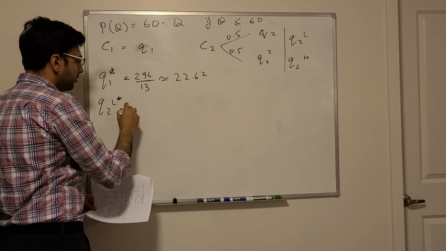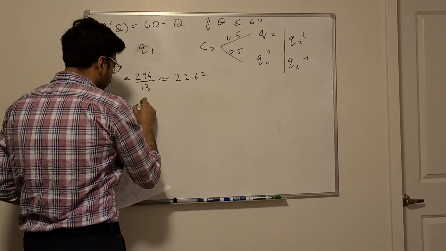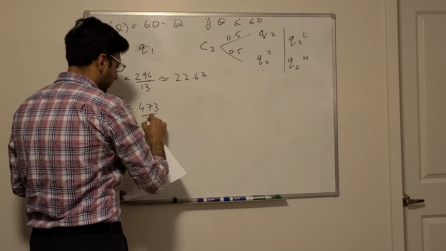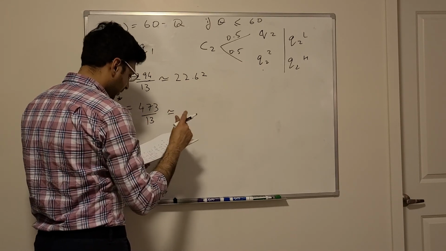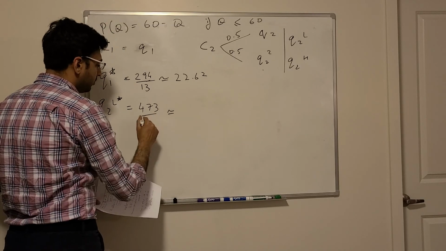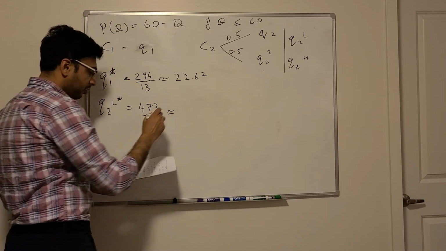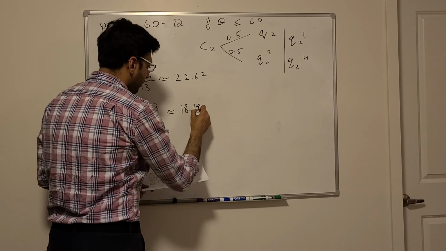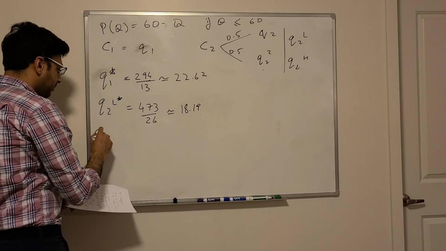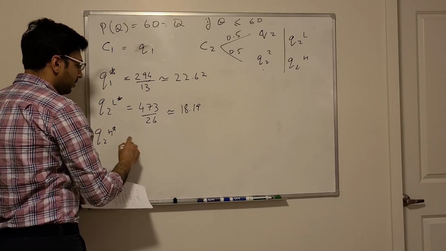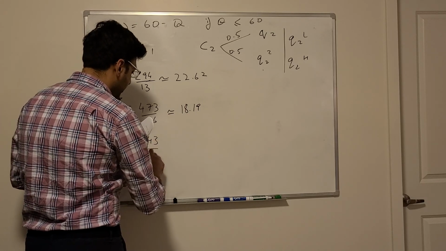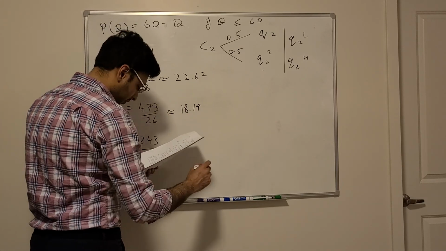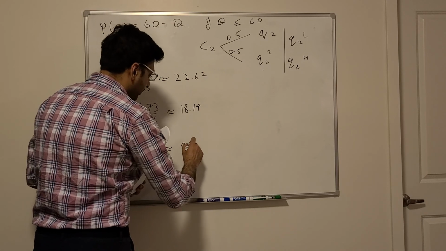Q2L star equals 473 divided by 26, which approximates 18.19. And Q2H star equals 243 divided by 26, which approximates 9.35.